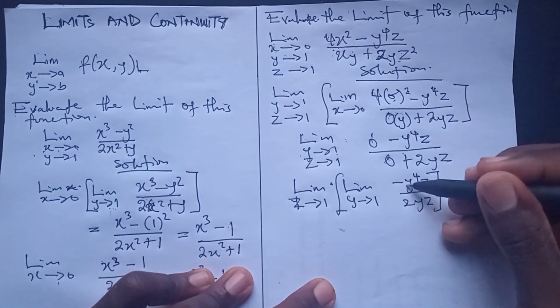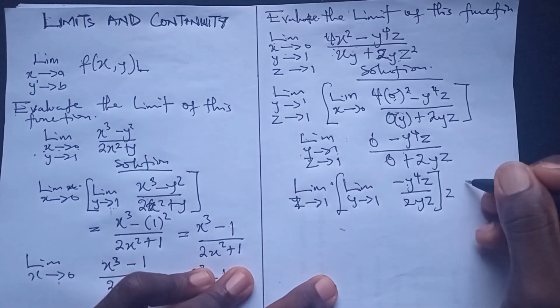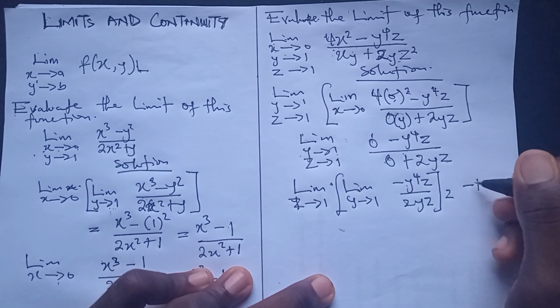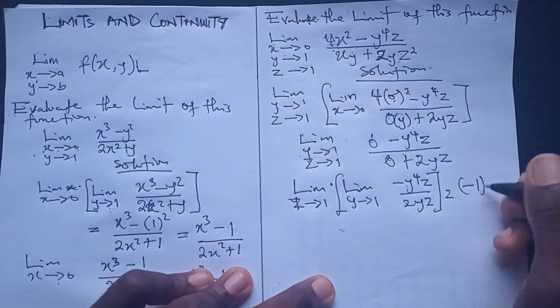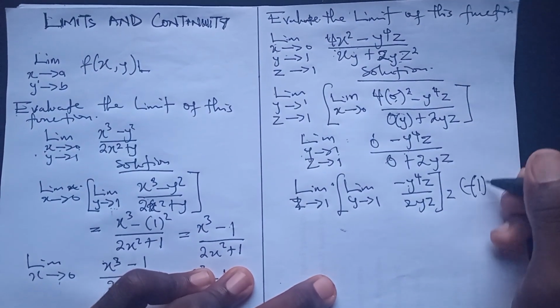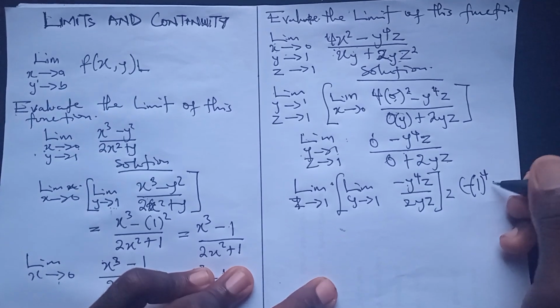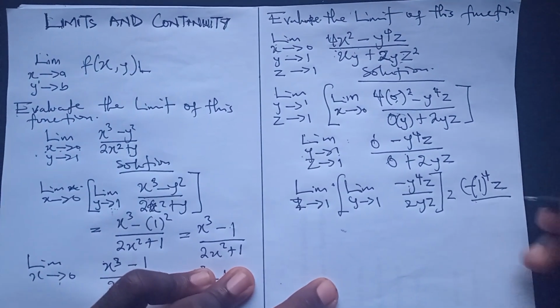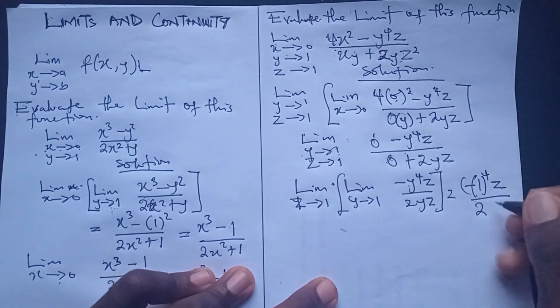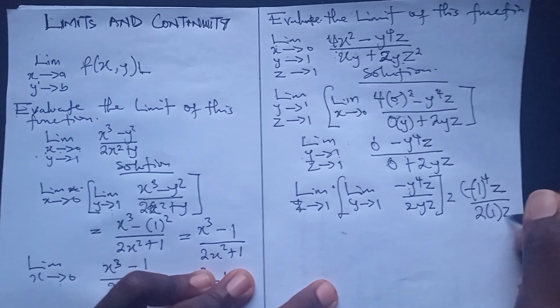So where you see y, you put 1. Minus 1 raised to power 4z over 2 times 1 times z.